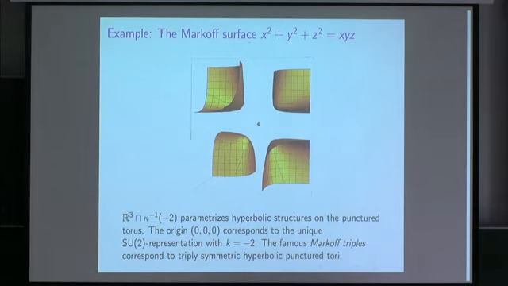I think Brian Bowditch was saying yesterday that this led to a nice theory, which he was using in a paper which is very important in the subject on quasi-Fuchsian groups and trace coordinates. It leads to some of the things I'll be talking about in a moment.